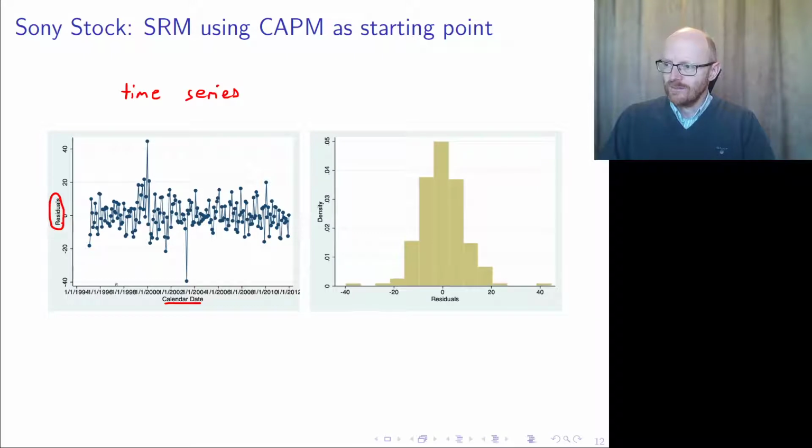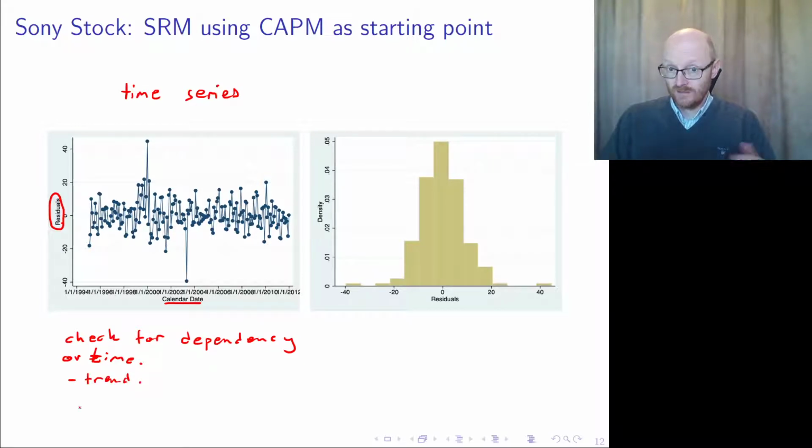You can check for dependency over time, like trend, which should be removed if you have correct model specification, but you should perform the Durbin-Watson test of autocorrelation.